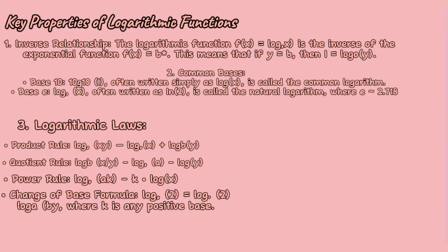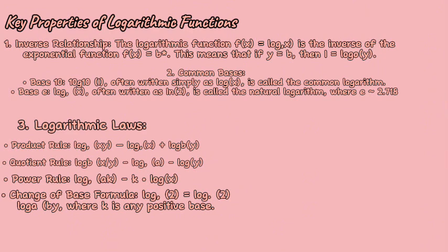Number 1. Inverse relationship. The logarithmic function f(x) equals log base b of x is the inverse of the exponential function f(x) equals b raised to the power of x. This means that if y equals b raised to the power of x, then x equals log base b of y. Number 2. Common bases.